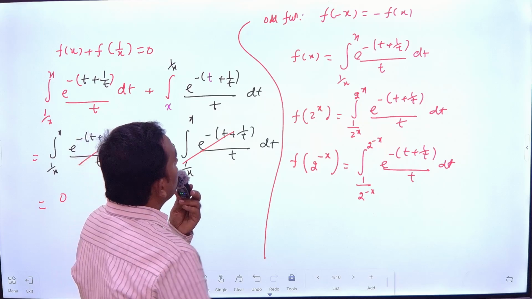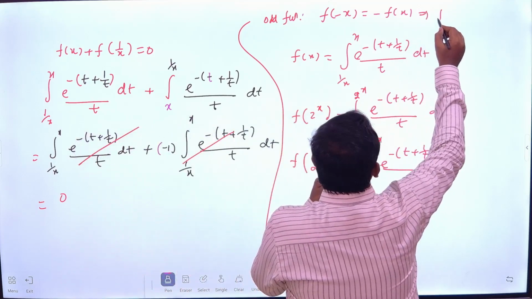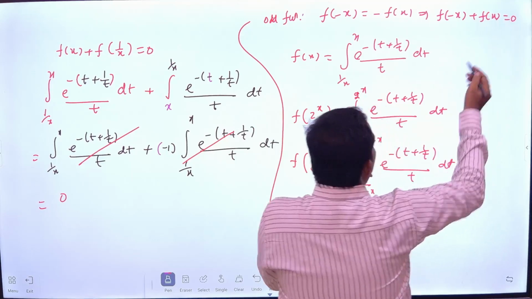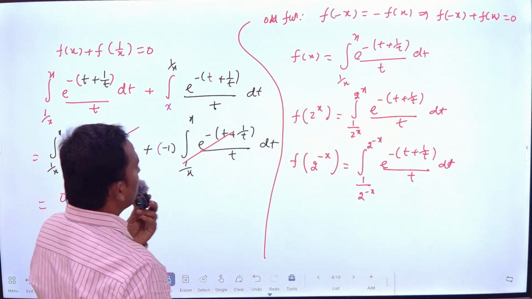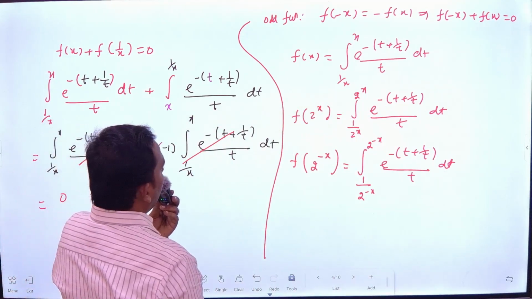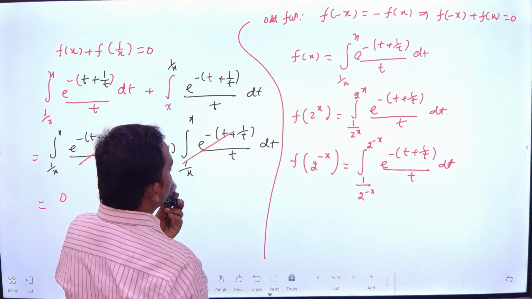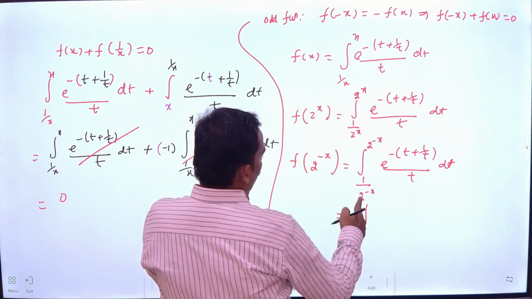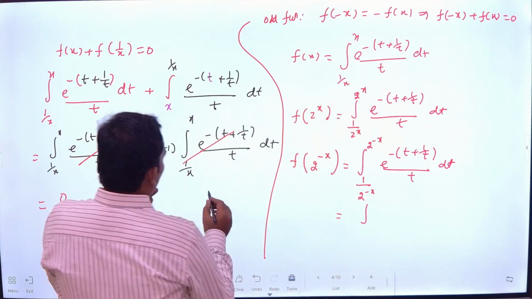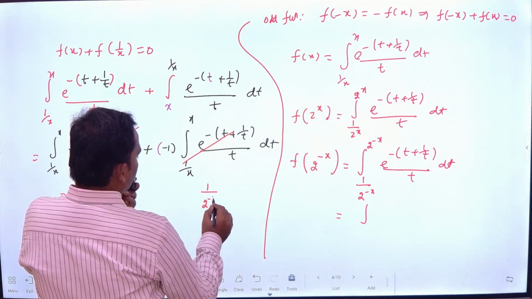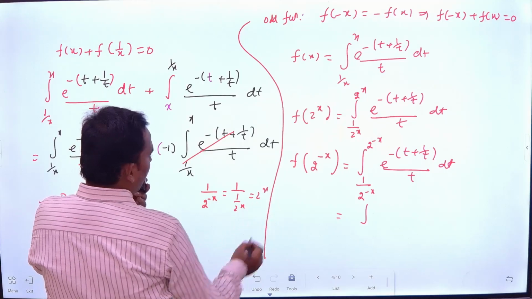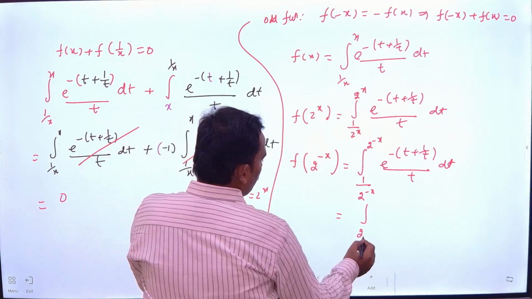If you add these two things, you can say f of minus x plus f of x equal to 0, then it will be an odd function, right? Okay. So if you simplify this, you can see 1 by 2 power minus x, how to write it, 1 by 2 power x is the same as 2 power x.